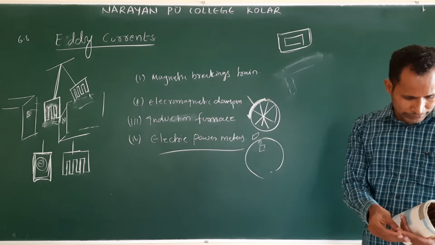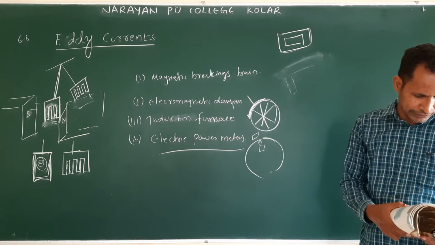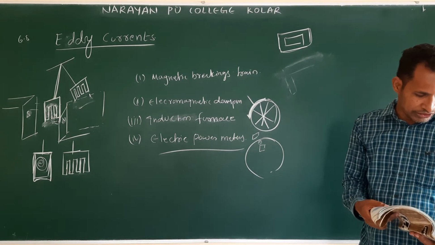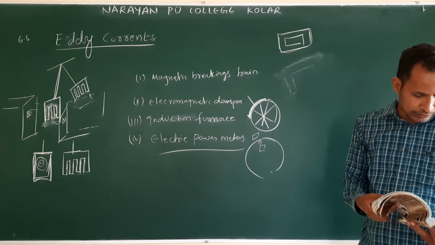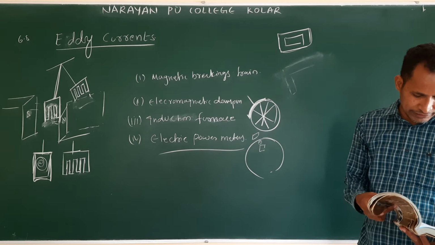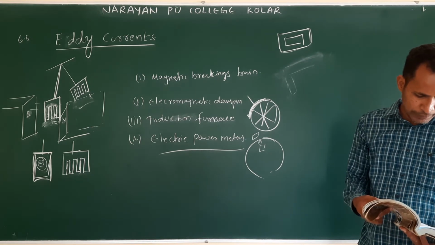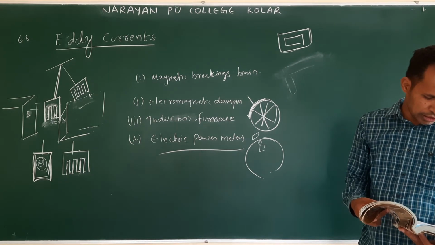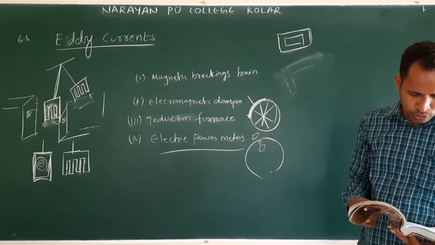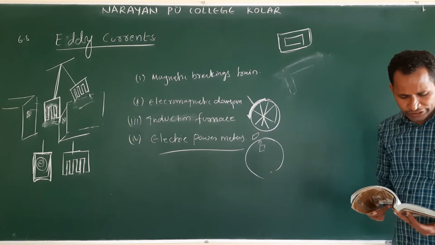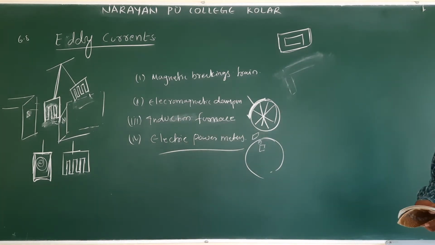These are the two methods they have given. The laminations are separated by insulating materials. Next, the plane of the laminations must be arranged parallel to the magnetic field. So these two are used to reduce the eddy currents.